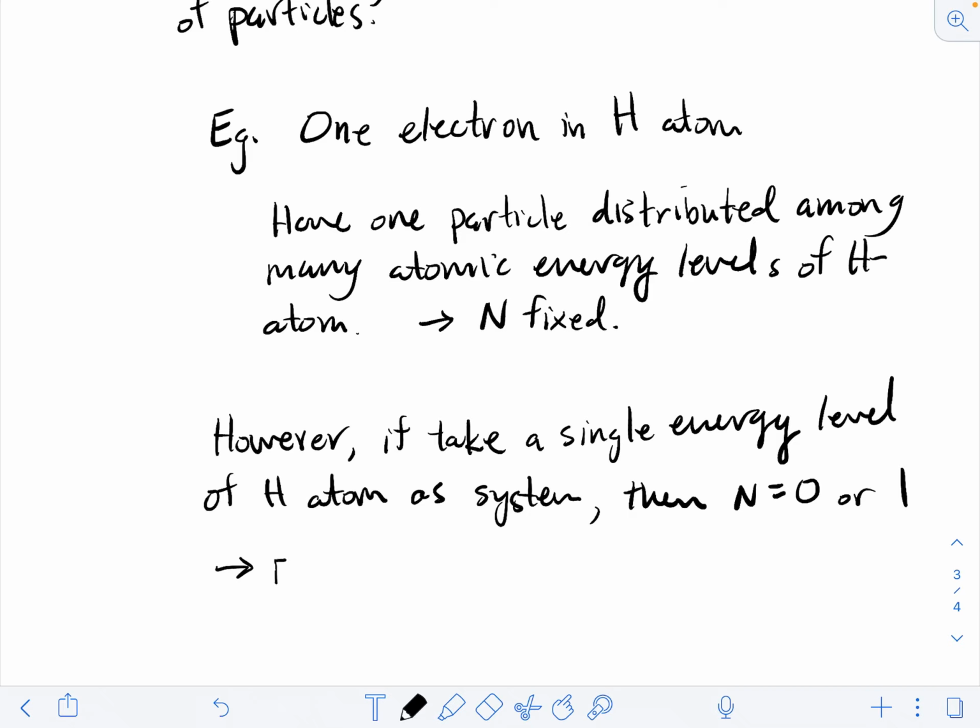In this view, the particle number in our system, the one state of the hydrogen atom, is variable.